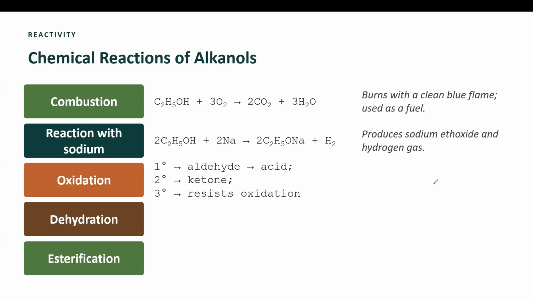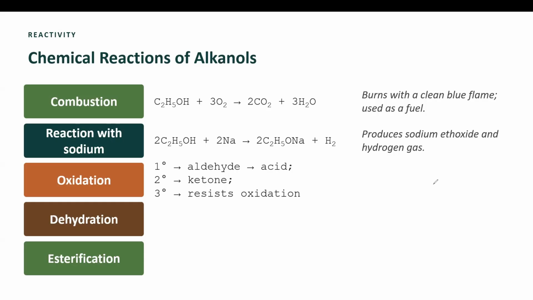First, they can be oxidized to aldehyde, then further oxidized to carboxylic acid. I repeat, primary alkanols can be oxidized in the first step to aldehydes, then further oxidation will lead to the formation of carboxylic acid.